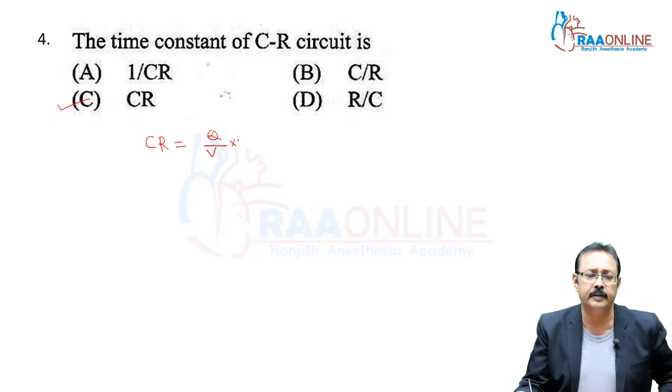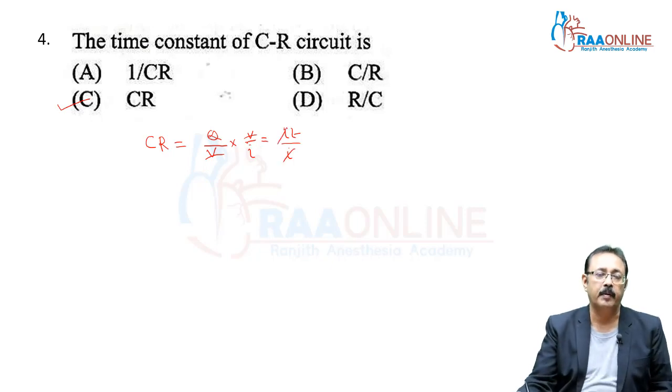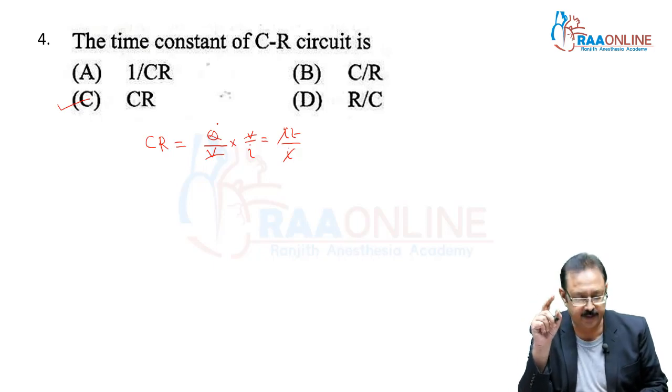And R means V is equals to IR. So R is V upon I. But Q is IT. So what we are getting? Time. So remember, CR is known as time constant of CR circuit.